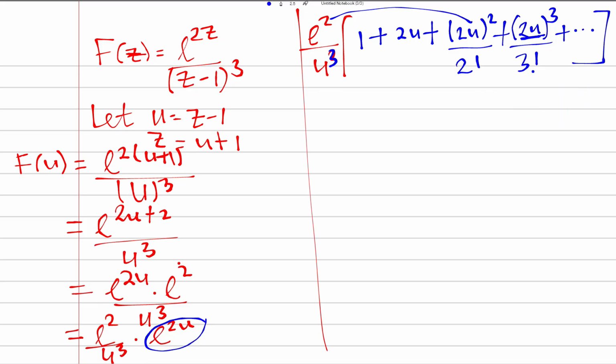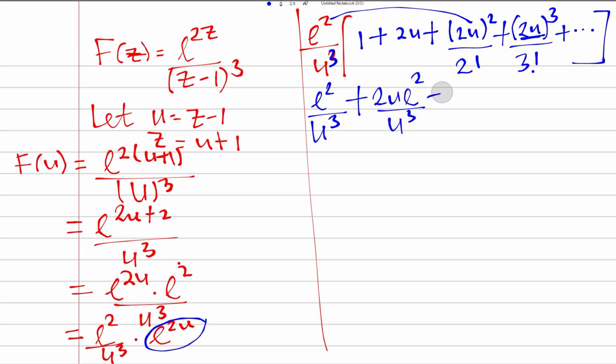Alright, so now let's do that again. This is exponential 2 over u raised to power 3, because if you multiply it by 1, then plus this one multiplied by 2, so this is 2u exponential 2 over u raised to power 3.